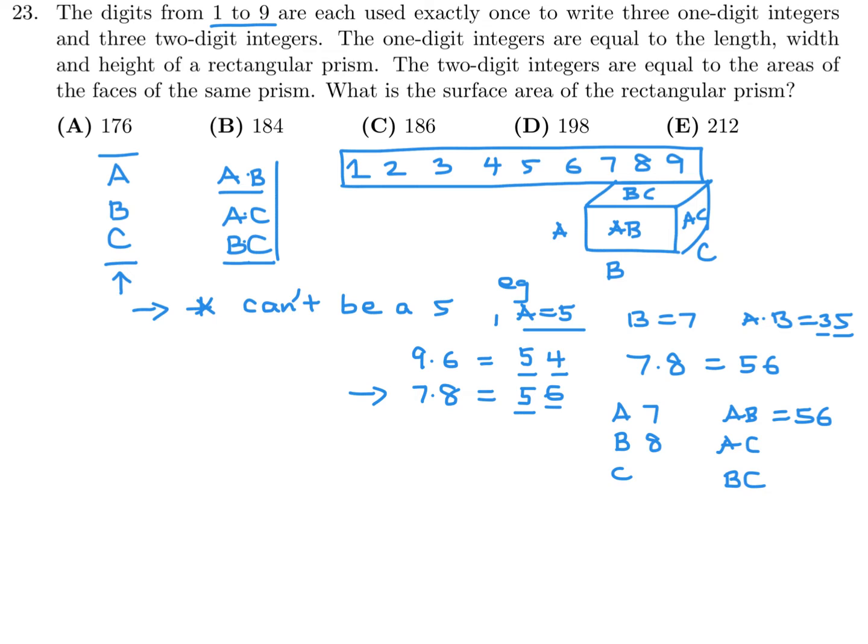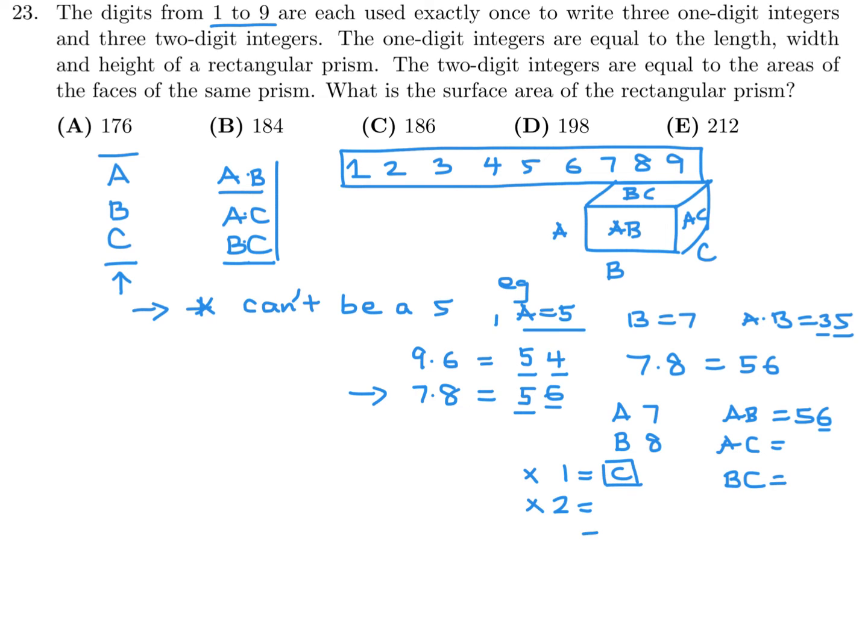Okay, well, can this C right here be a 1? And the answer is no, because if it was 1, this AC would become 7, and you can't have a 7, well, first of all, because it's a 1-digit number, so 1 is out. How about, can the C be a 2? I'm just going through it. Well, let's see. If it's a 2, this BC would become 16, and that's not allowed because we've already used the 6, so you can't have a 16.